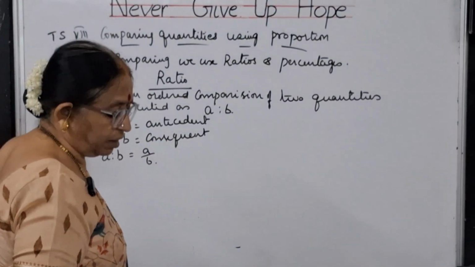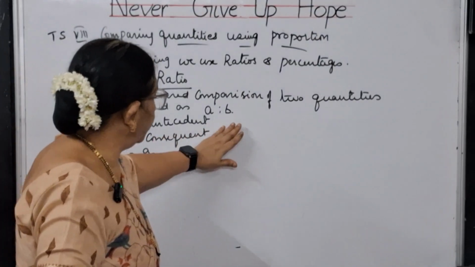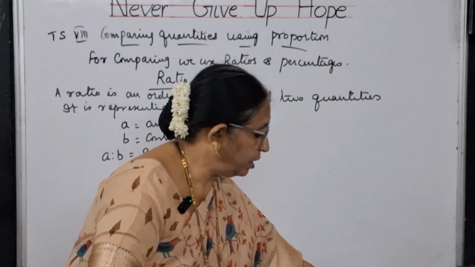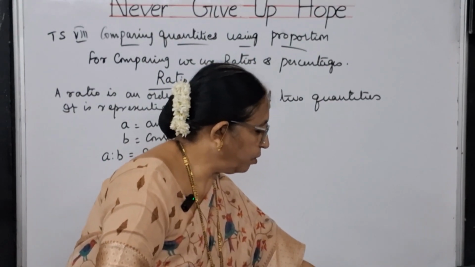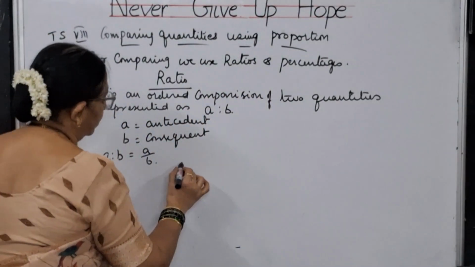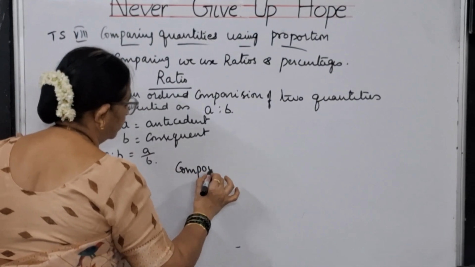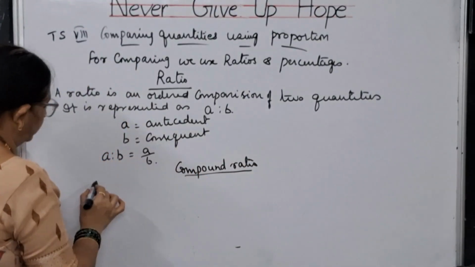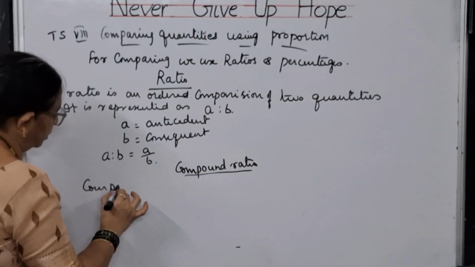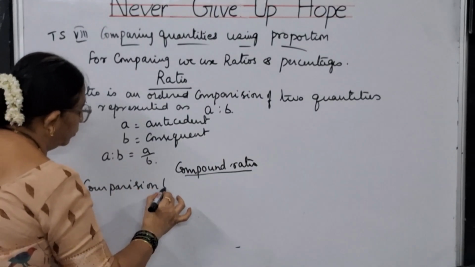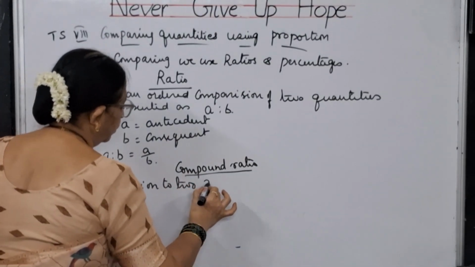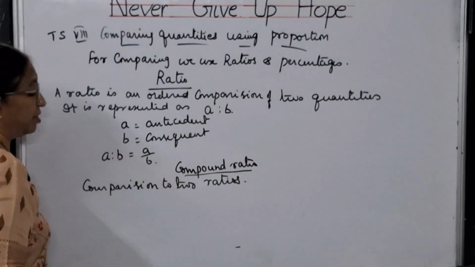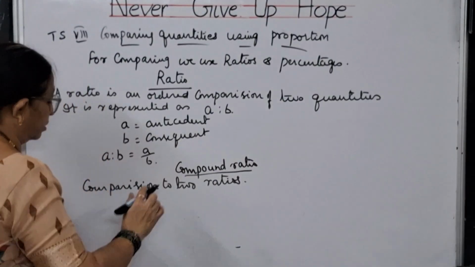So when two values are given, you can find out this ratio very easily. But you have got another ratio for this, that is compound ratio. What is this compound ratio? Compound ratio is nothing but comparison of two ratios. When two ratios are compared and written as a single ratio, that is called compound ratio.